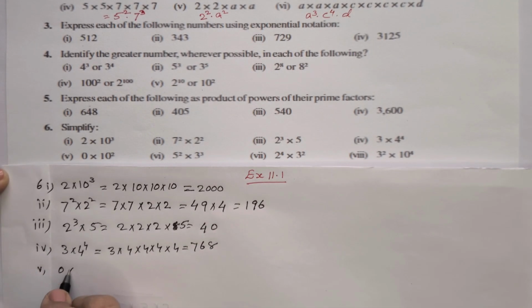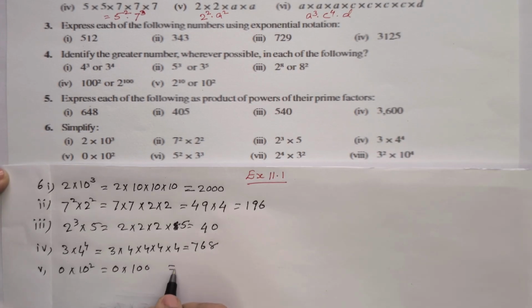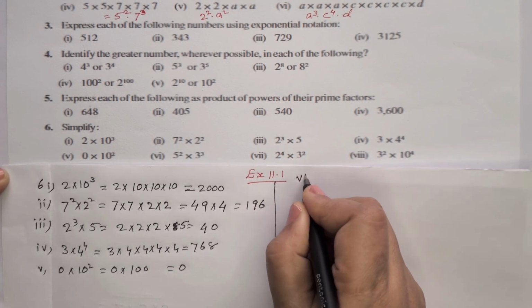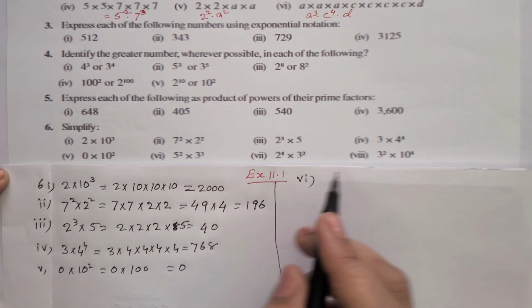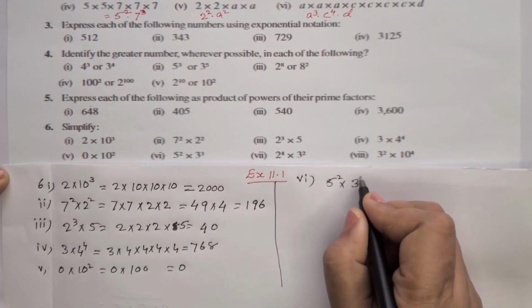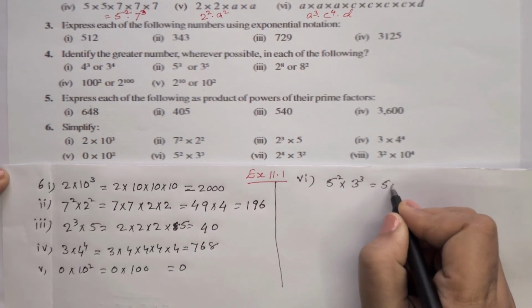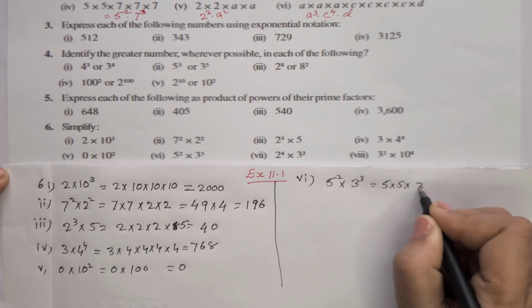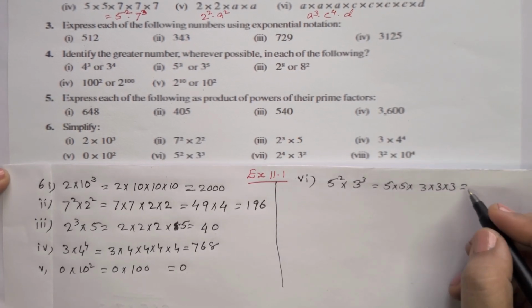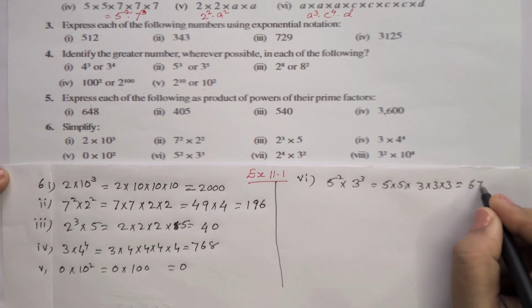Fifth one, 0 into 10 square. We know that 0 into any number is 0. So 0 into 10 square, that is 100, any number, is equal to 0. Now next one, sixth one, 5 square into 3 cube, which is equal to 5 into 5 into 3 three times. 5 square into 3 cube is 675.